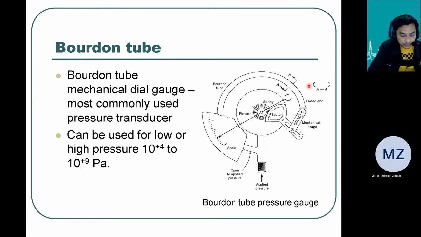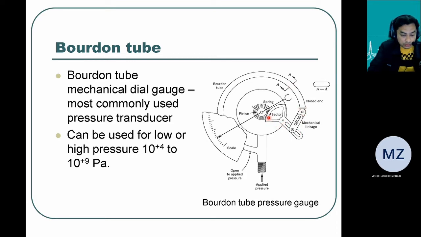When pressure goes inside the tube, it will deform the whole C shape structure, and that motion will link to the mechanical linkage.